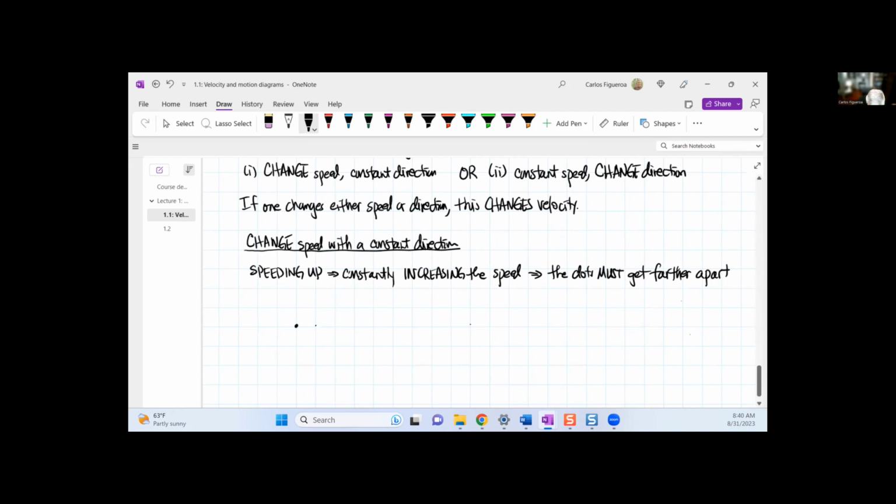Remember, I cannot draw an arrow at the first one at 0 here because I don't know the interval prior to that, but I can draw my speed right here. Why?